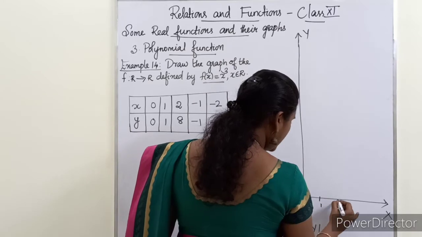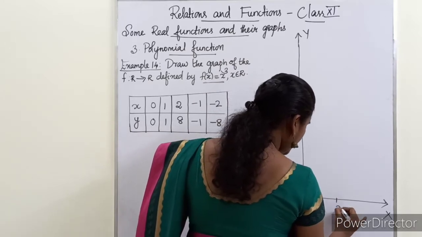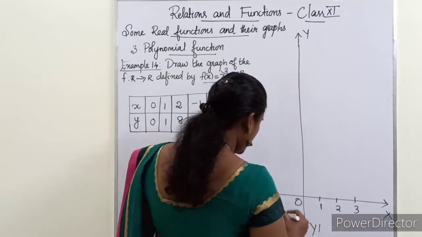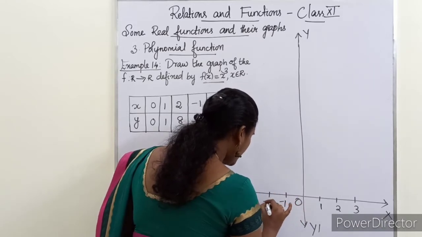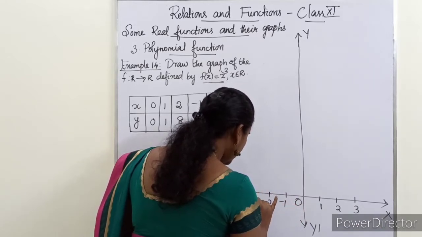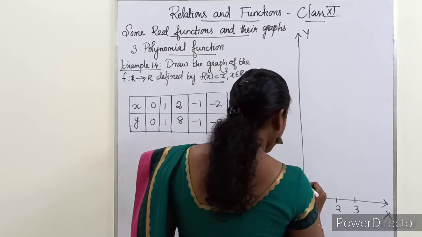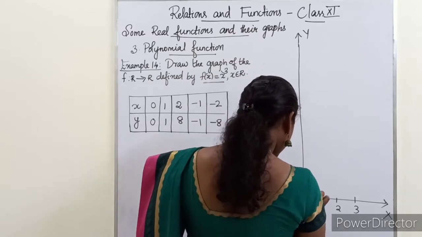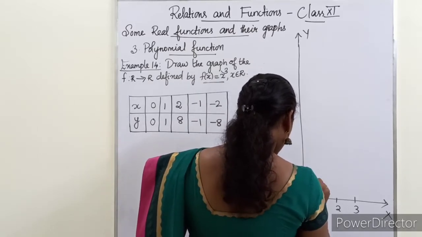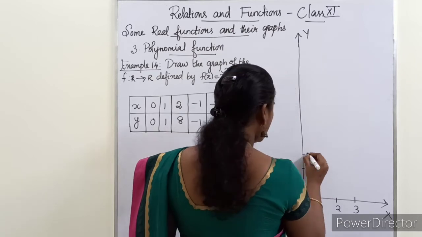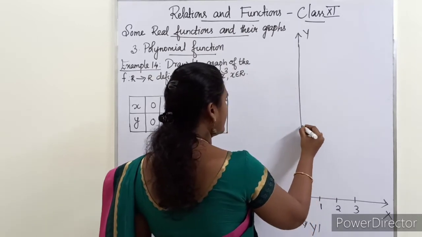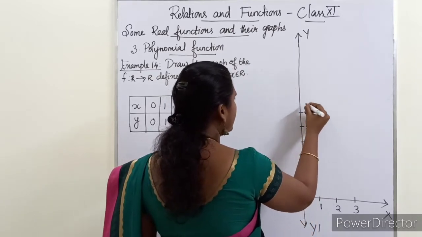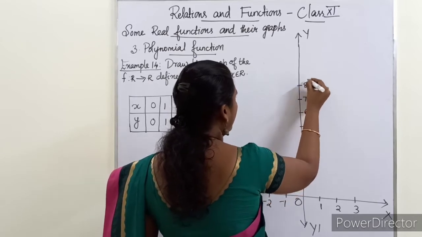Here 1, 2, 3. Here it is minus 1, minus 2, minus 3. Now in the y-axis we will mark the points 1, 2, 3, 4, 5, 6, 7, 8, 9.